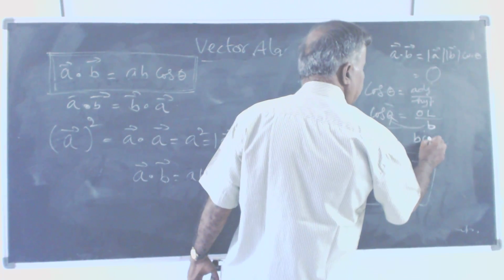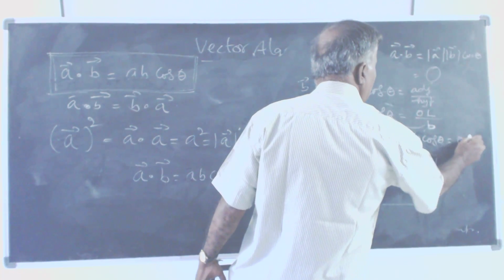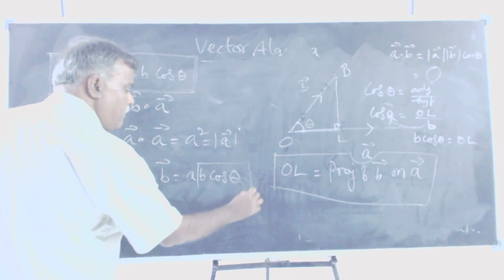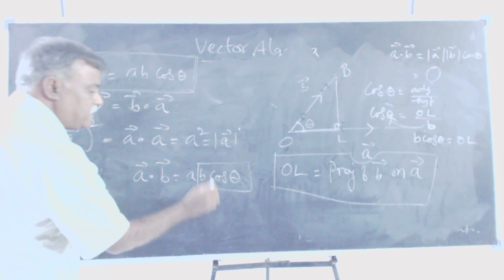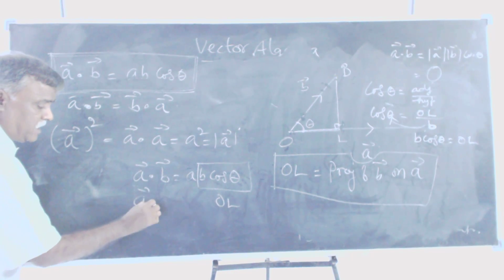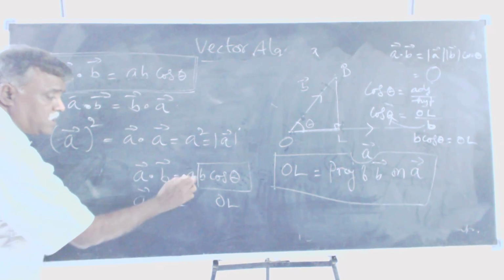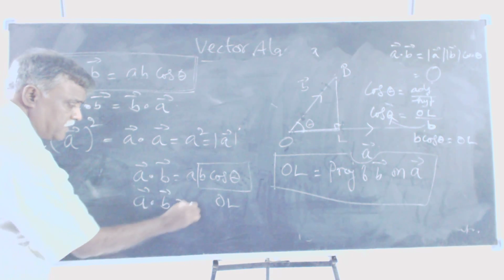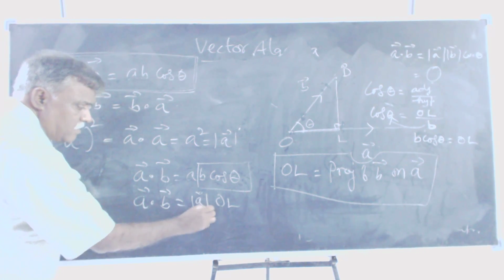So you get B cos theta equal to OL. In the definition, I am writing A dot B equal to AB cos theta. For this B cos theta, I am writing OL. This is nothing but modulus of A vector.